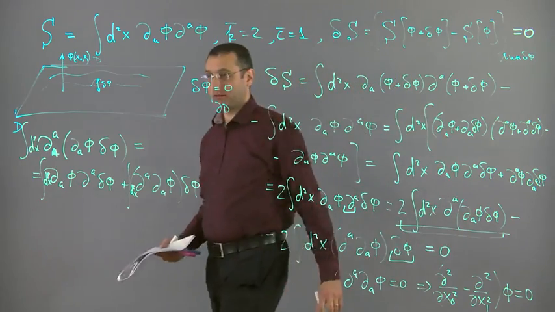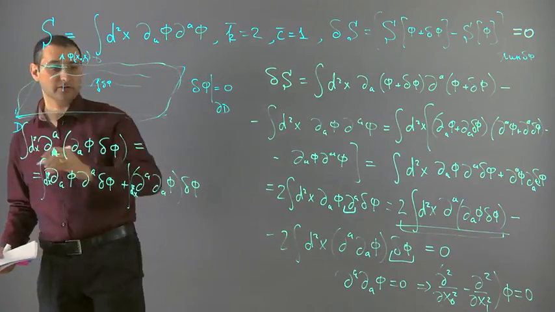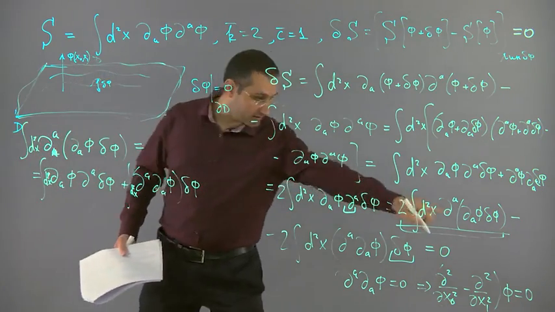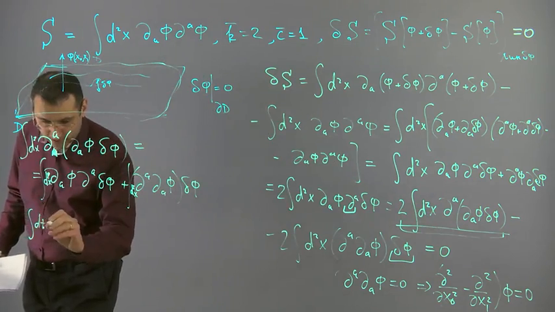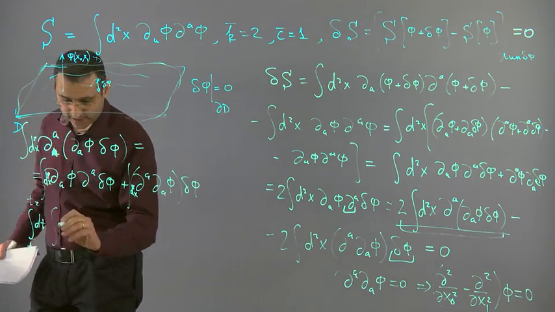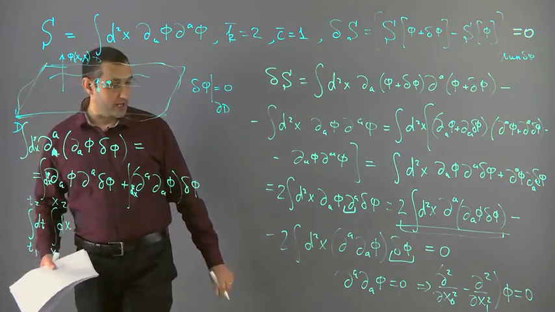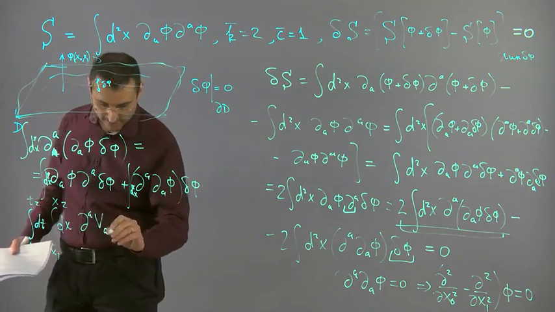So now let me show that this is 0. How to show that? Well, this region D has arbitrary shape. It's not necessarily rectangular. But let us consider this integral for the rectangular case, where t is ranging from t1 to t2, and x is ranging from x1 to x2. And what we have here is just dA of some VA.